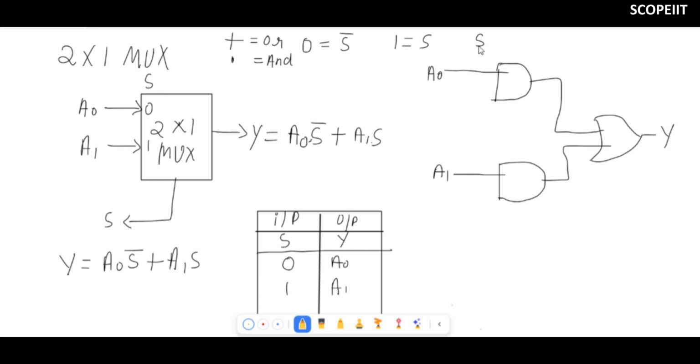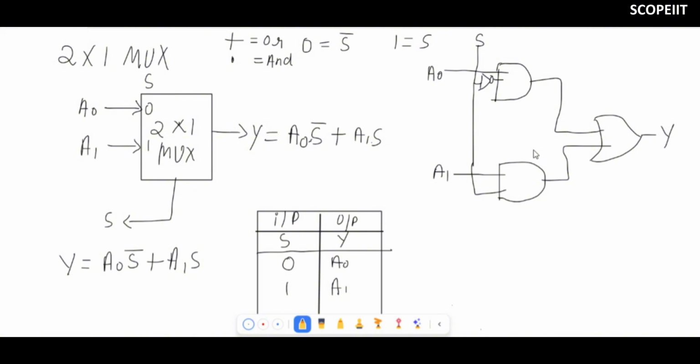So I'll take this straight line and here I'll connect the NOT gate. Why am I connecting a NOT gate? Because it is bar. Bar means NOT, and then I'll connect with this. But here there is no NOT gate. We need S only, so we will take this line before this NOT gate, like this. So this is basically the circuit diagram for 2 cross 1 multiplexer.